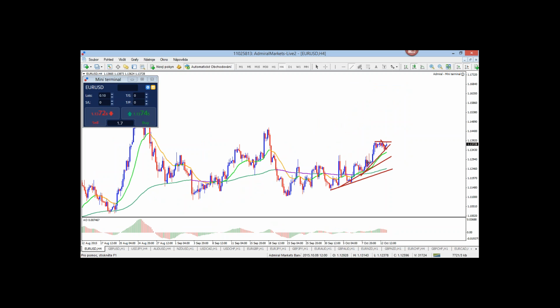We could probably use this one as a channel line, the top of the channel line. Maybe even use, let's see, this one as a resistance potentially.